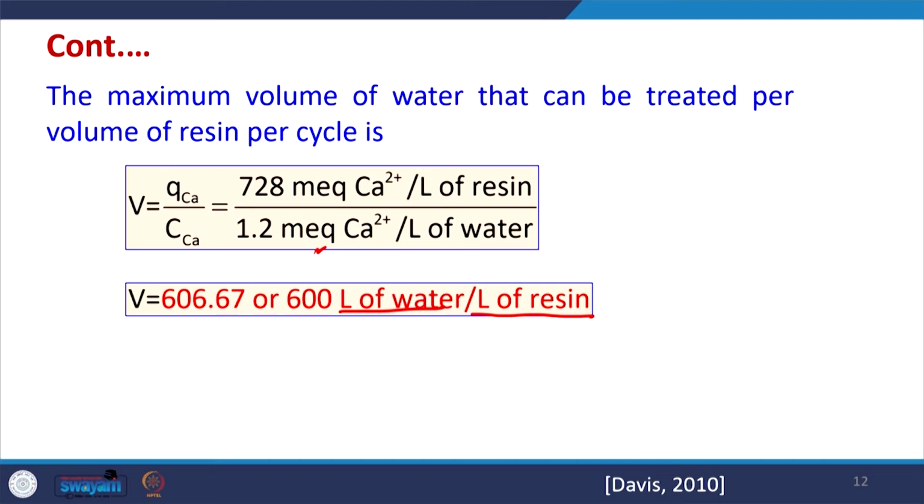And if we know the capacity, the flow rate of water, or the amount of water that has to be generated per day, we can find out after how much time we will have to remove or regenerate that resin. We can find the time required after which the regeneration has to be done, or otherwise, if it is totally chemical bonding type of things happening, we have to exchange the resin. So, this is how we can perform this calculation.